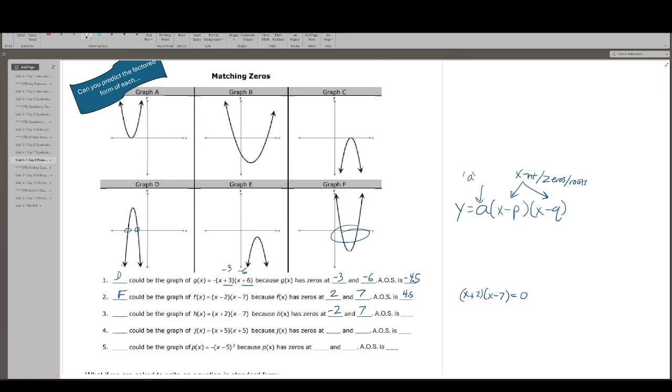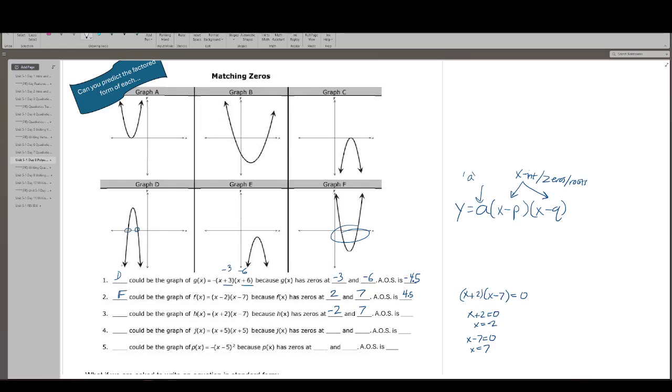And the way to figure that out is if this binomial is 0 or this binomial is 0, then the product will be 0. So we break this down into x plus 2 equals 0, meaning x equals negative 2, and x minus 7 equals 0, meaning x equals 7. So the negative 2 and 7 are actually coming from solving each of the linear factors or the binomials and setting it equal to 0.